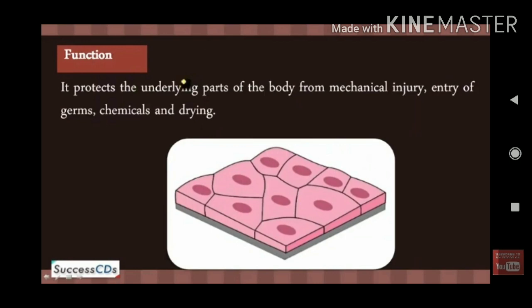The simple squamous epithelial cells are made up of a single layer. Take the lungs, for example; they are also made up of a single layer.